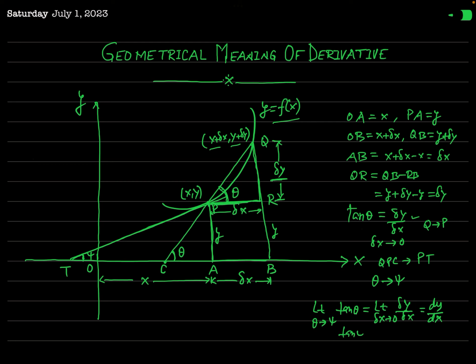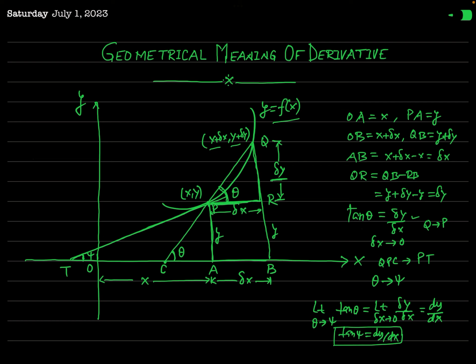So tan psi will be equal to dy by dx. And this is actually the geometrical meaning of dy by dx or derivative. As you know, psi is the angle made by this tangent drawn at the point x, y or P, and it makes angle psi with the positive sense of x-axis.